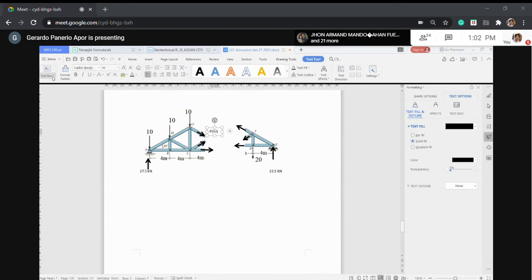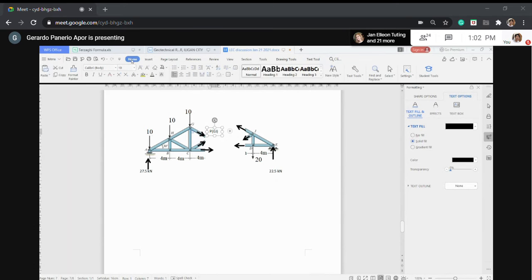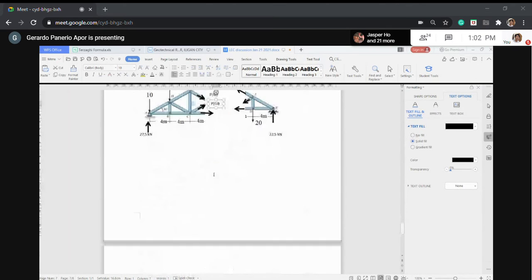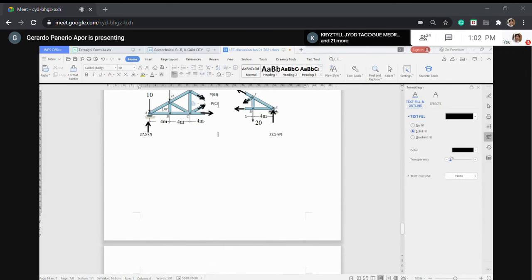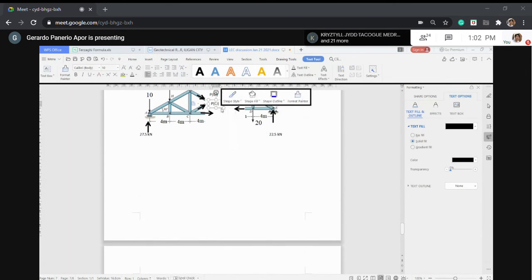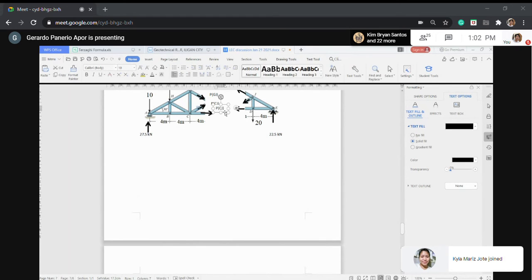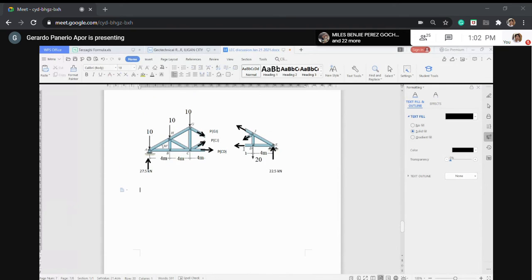Then I copy that one and then paste. Okay, copy this one. Copy, paste. This one could be PCG, and then copy, and then paste. I could have PCD here. Now, the same also here.